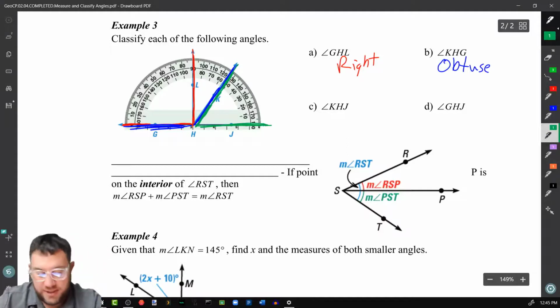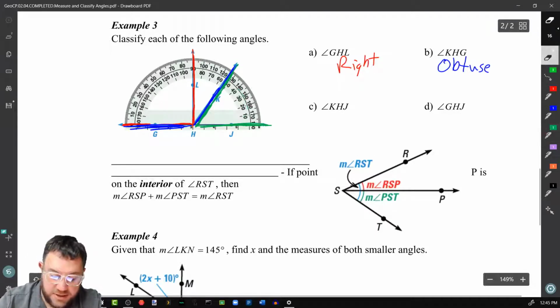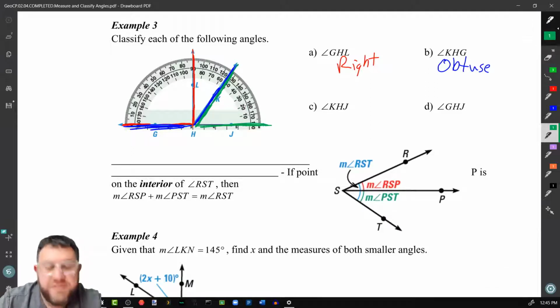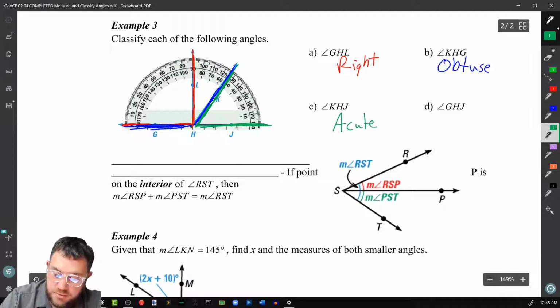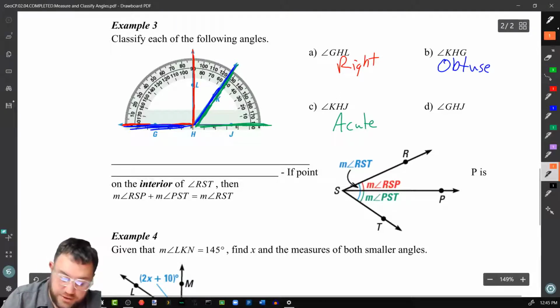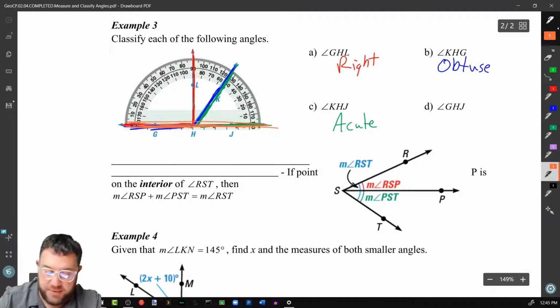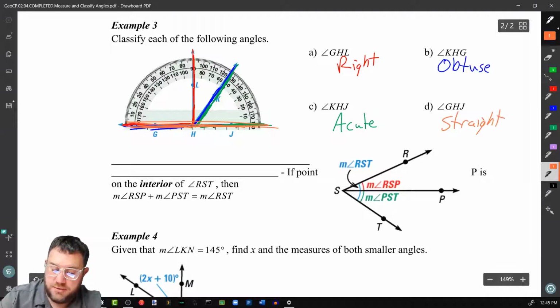Now when the angle's on that side, we'd be using these inside numbers because it's going to start at 0. But that one is 55 degrees, that's less than 90, so that's acute. And then GHJ goes straight across the bottom here, 180 degrees, that is a straight angle.